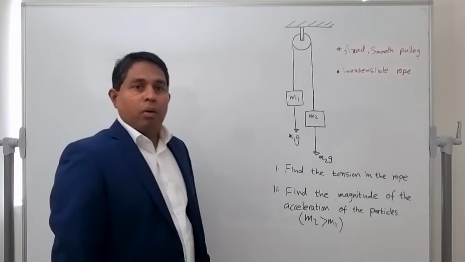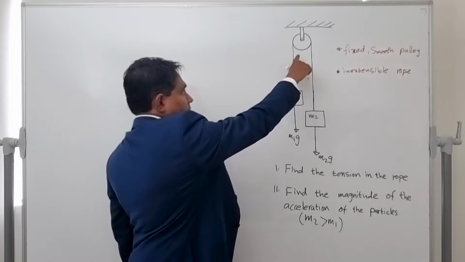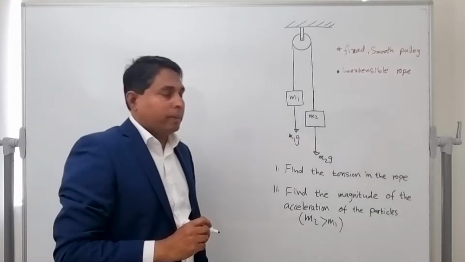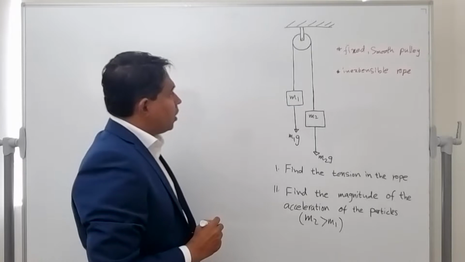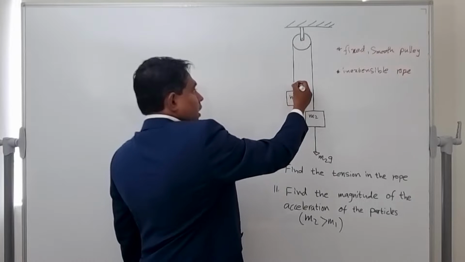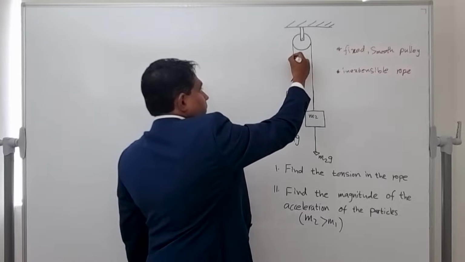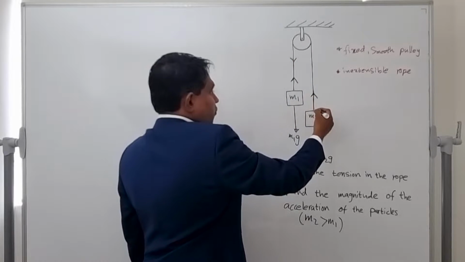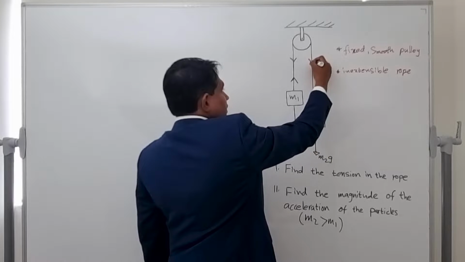Now we have a rope or a string here, so we need to put tension in this string. We can mark it like this. Here this part of the string has tension, we can put it like this.